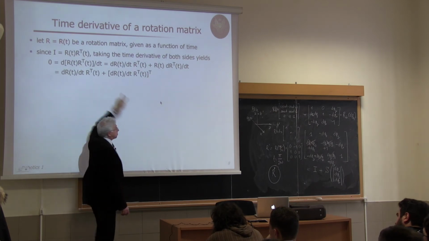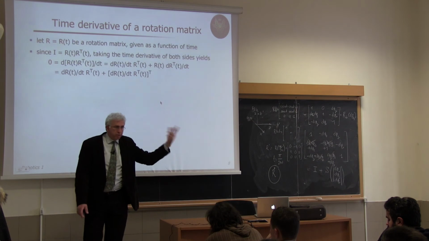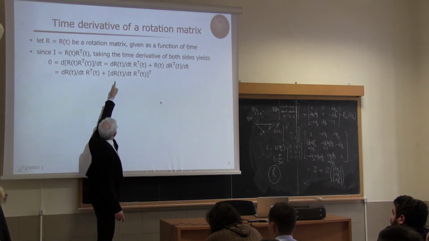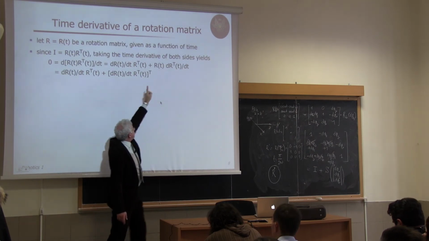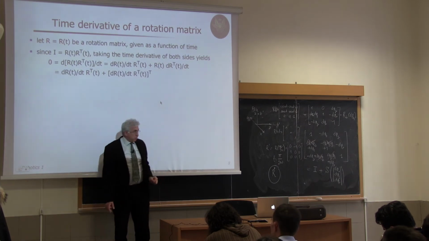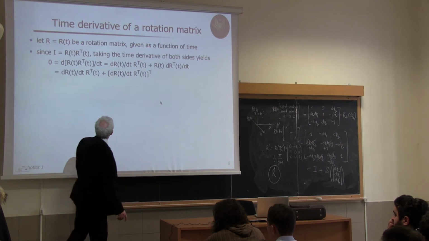So this is a product, so I take the derivative of the first term times the second not differentiated, and then reverse. So I take the derivative of R with respect to time times R transpose, plus R times the time derivative of R transpose. Okay?